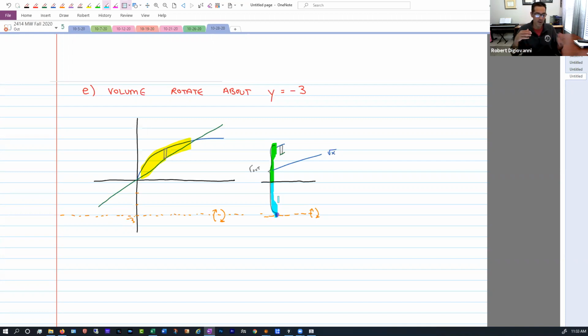So even though the line is -3, the distance is +3, isn't it? And so that's what we want to represent that bottom piece as. The distance from here to here is 3. And then the distance the rest of the way was the square root of x, which means my outer radius would be not square root of x minus 3, but square root of x plus 3. See, it's a distance.